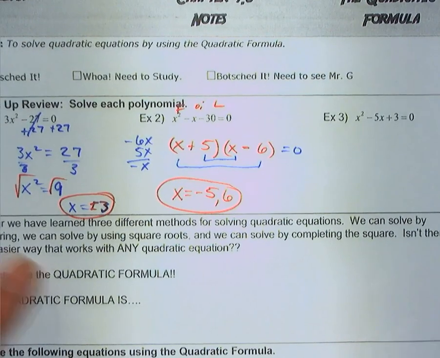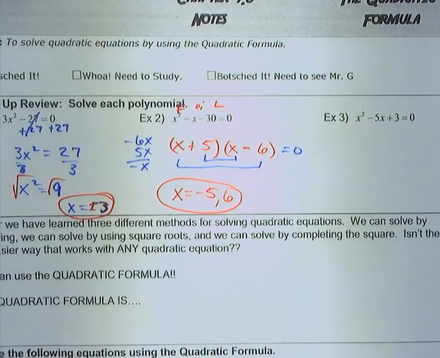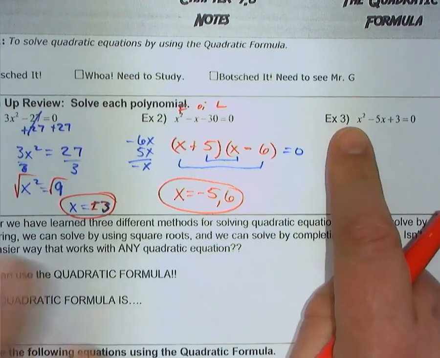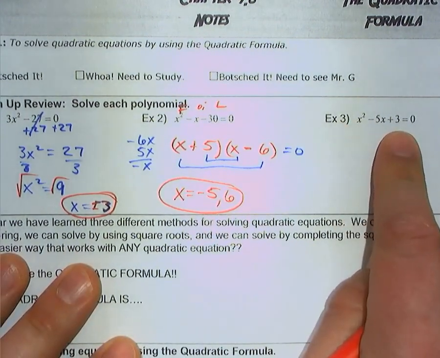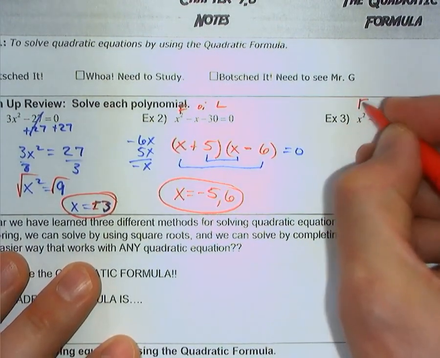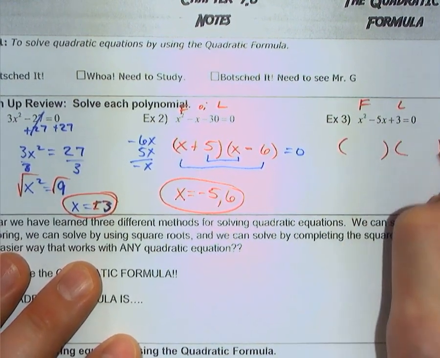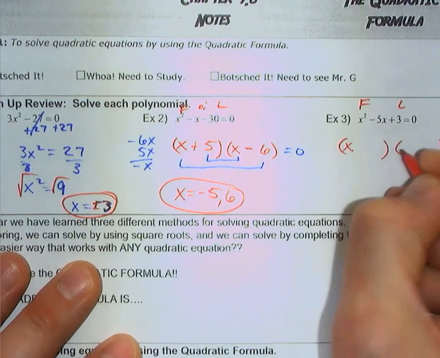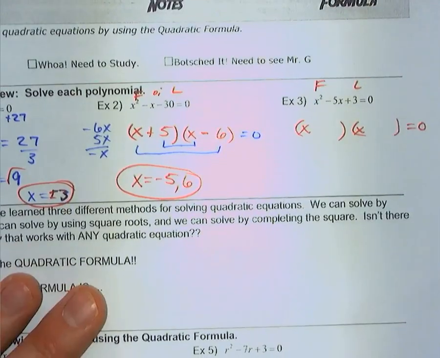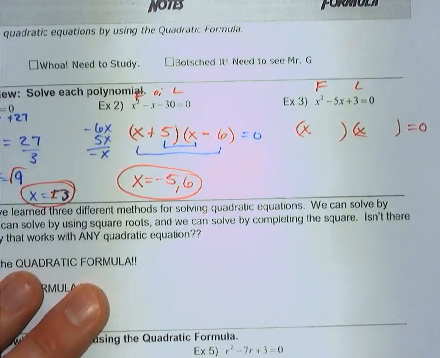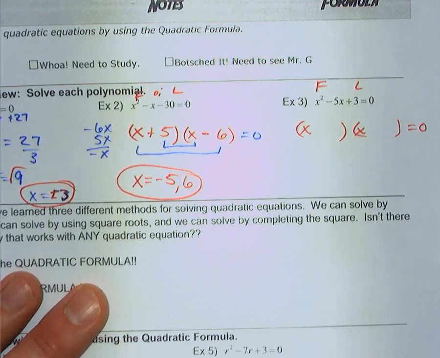All right. Last but not least, number 3. Can you do the square root method? Can't do it. Then I look to factor. Factors of F and L. Give it a shot. I got x and x. What are factors of 3 that add up to a negative 5?